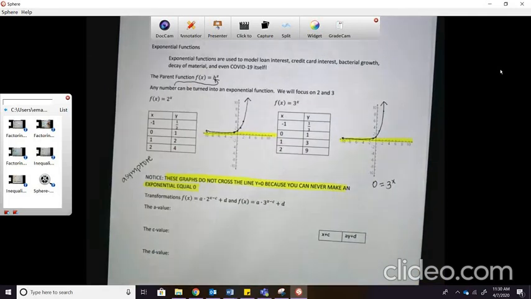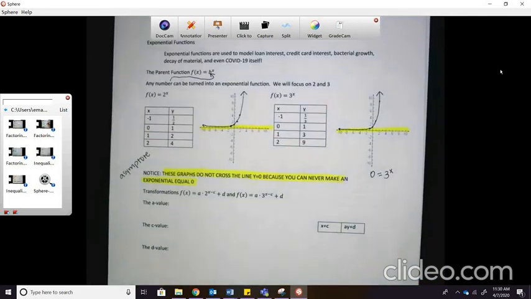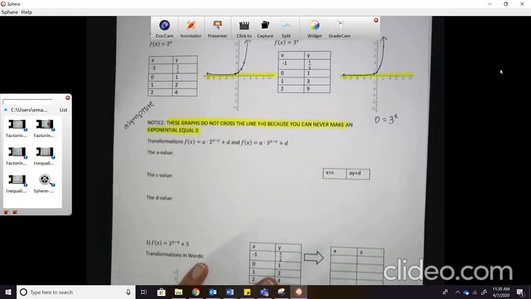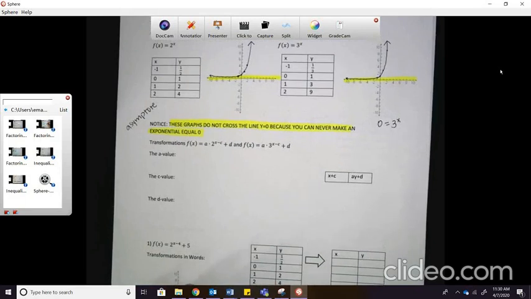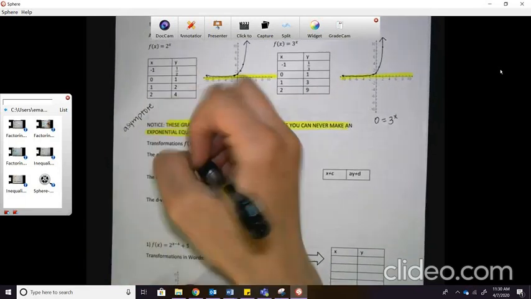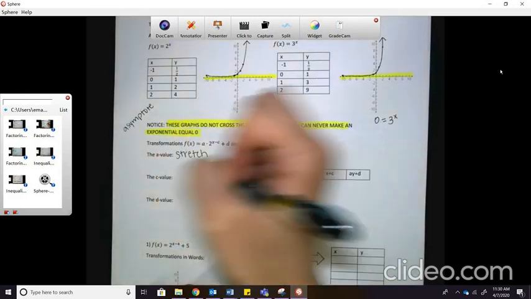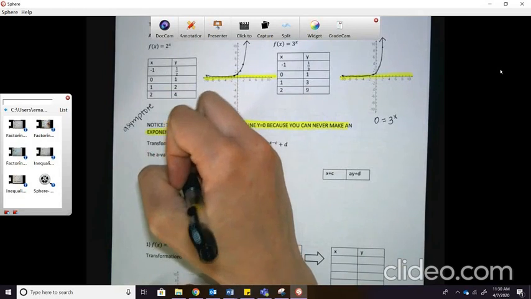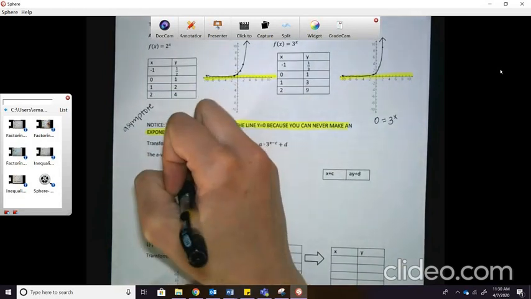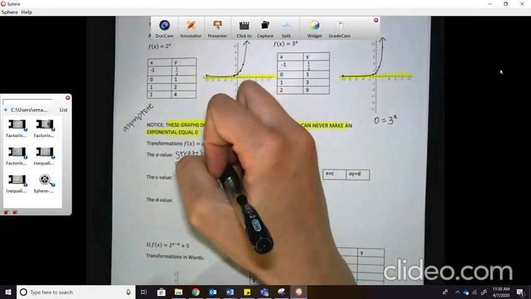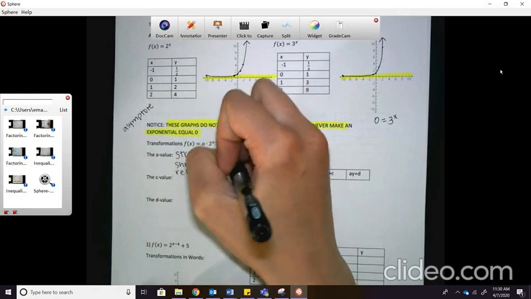All right. So what we're going to do is transform these functions. We actually did this with radicals before spring break, so I'm hoping you remember a little bit about what's going on. We have a values, c values, and d values. A values are in the front, and they are going to stretch, compress, which we can also call shrink, or reflect the graph. It's going to stretch it if a is larger than 1.